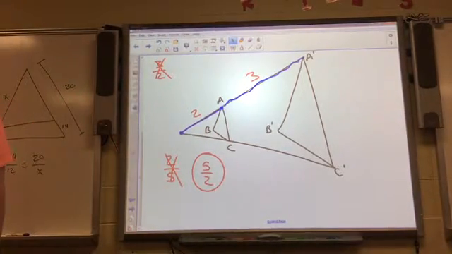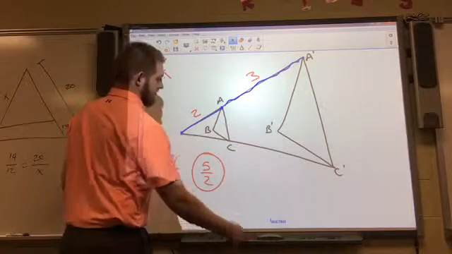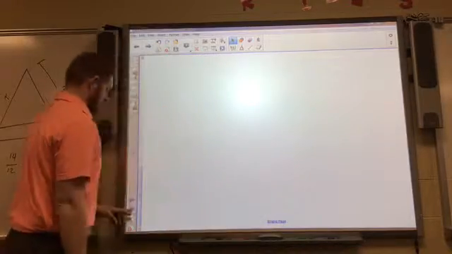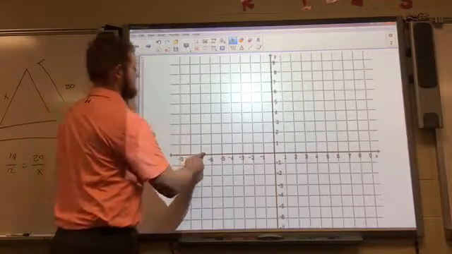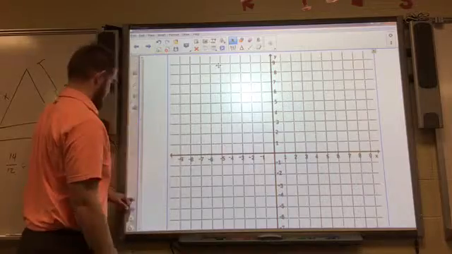Okay. We only have one more example, but I have a couple things that we need to talk about with it. It's going to be on graph paper. If you want some graph paper, use that manila colored stuff in the back, please.